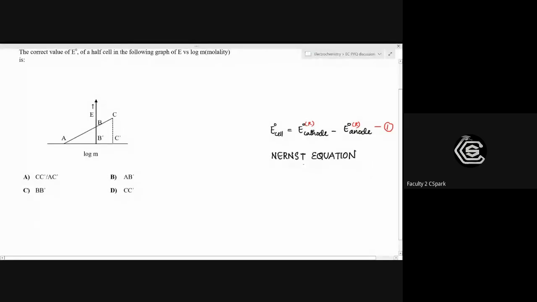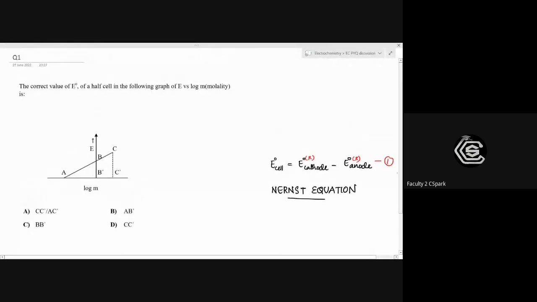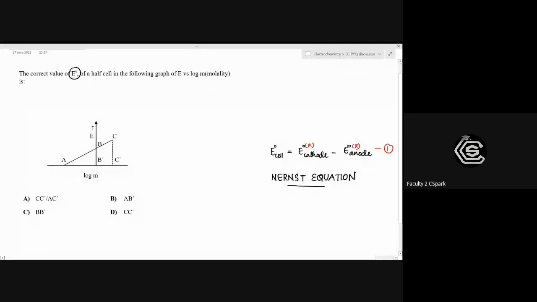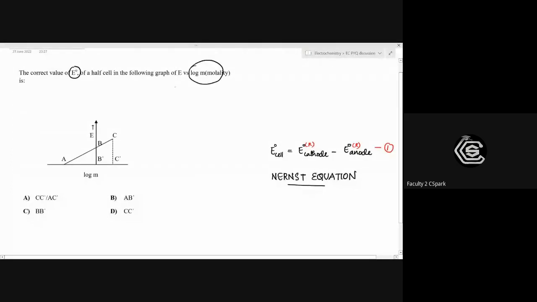So this is the equation that we should use. How do we know that we should use the Nernst equation? It is this relation of the standard electrode potential of the cell, and it should have a concentration term in it. So relating these two things, we understand that the equation we should employ here is that of the Nernst equation.